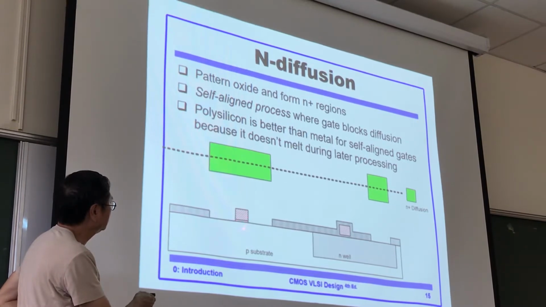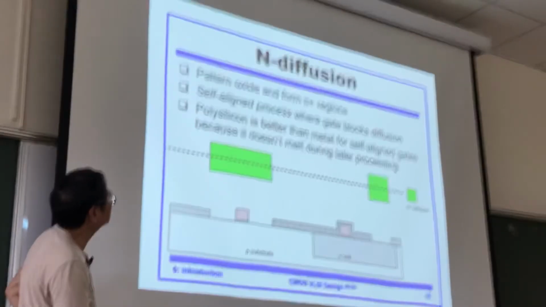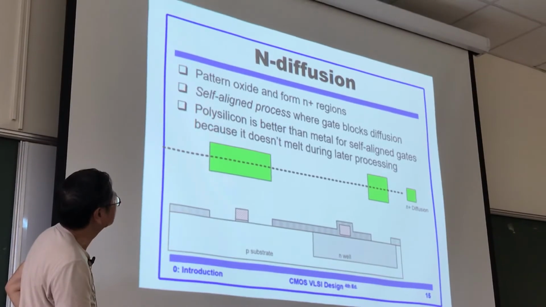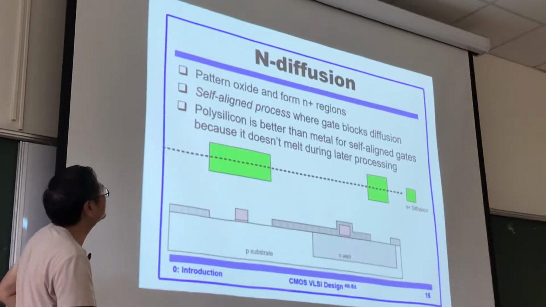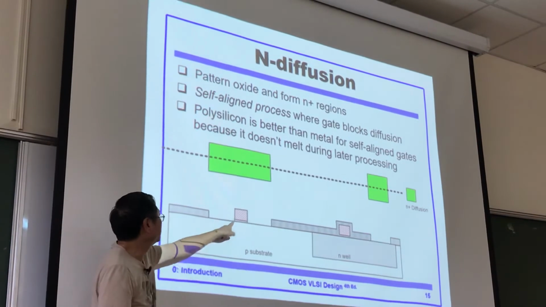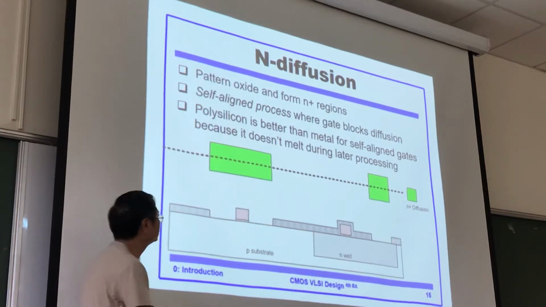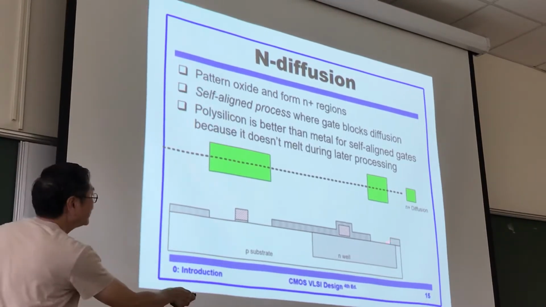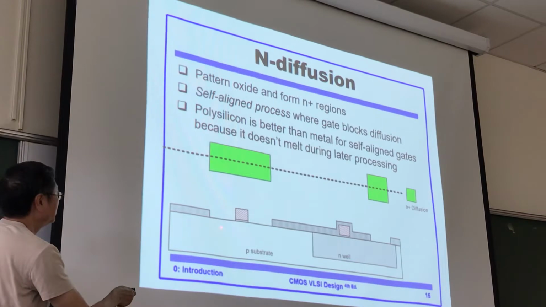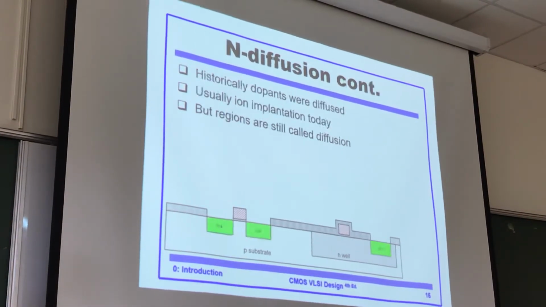So there is no hole there; only these are holes. Likewise, this is a hole. And we are going to implant or diffuse material in here. Diffusion here is for the well tap. This is for the source terminal. This is for the drain terminal.